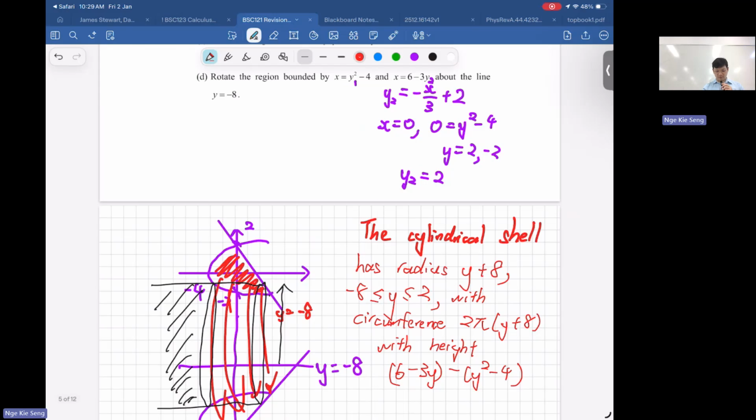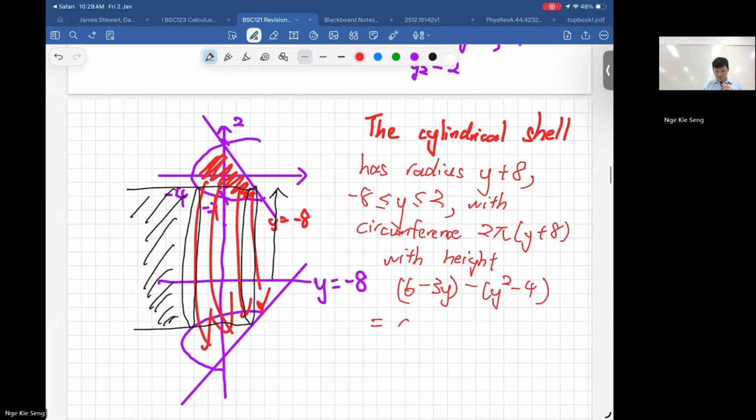So this is 6 minus 3y minus y squared plus 4, meaning plus 10. Is it okay so far?